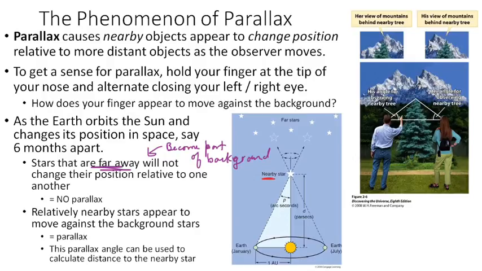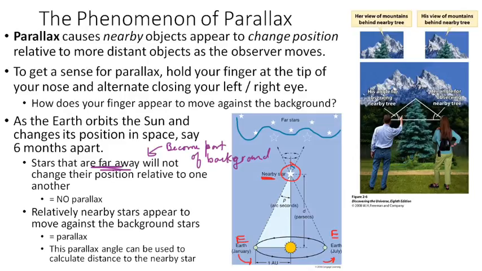But if a star is close relative to the background stars up here, okay, we have this close star here, and the Earth orbits the sun, which is in the center. Six months apart, this is in January, and then in July.